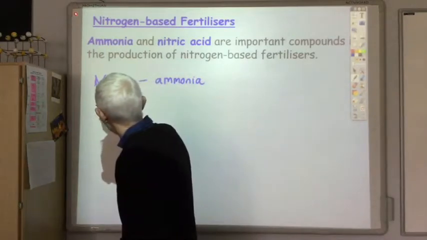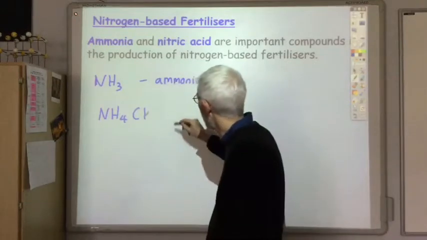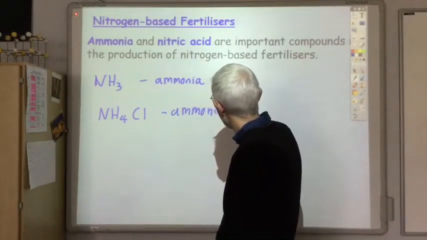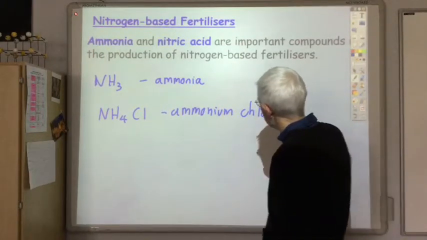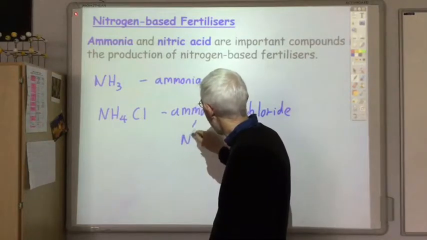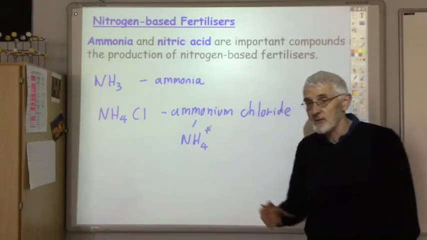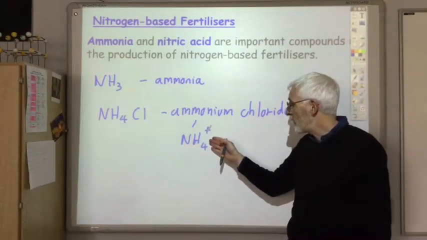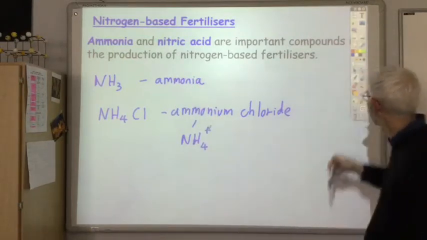So for example, NH4Cl would be ammonium chloride. So the ammonium is an ion, it's NH4+, and you'll find that in your data booklet in the table of group ions. So NH4+ is ammonium, ammonia is NH3.